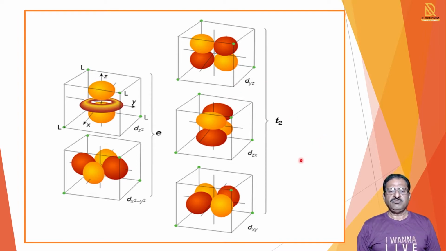So in tetrahedral complexes, metal and ligand are not in face-to-face interaction, and so the metal and ligand repulsion is not more. So these complexes are weak complexes because here the ligand and metal repulsion is not higher. Tetrahedral complexes do not form strong field complexes. They are always weak field complexes because the metal and ligand repulsion is less.